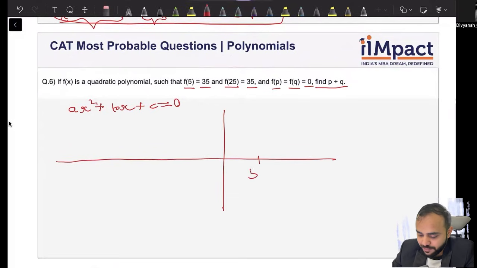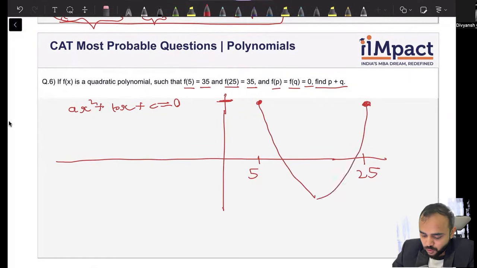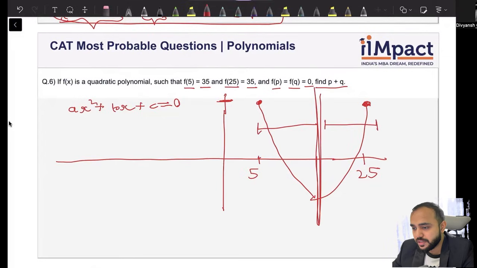So at 5 and 25, you have a value of 35, which would mean that these two values, 5 and 25, are at an equal distance from the line of symmetry.